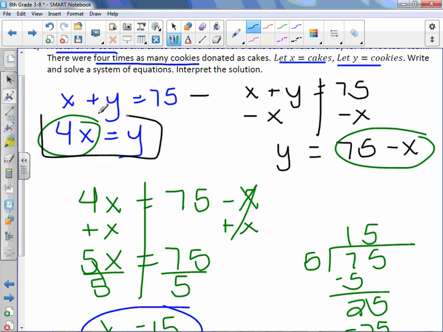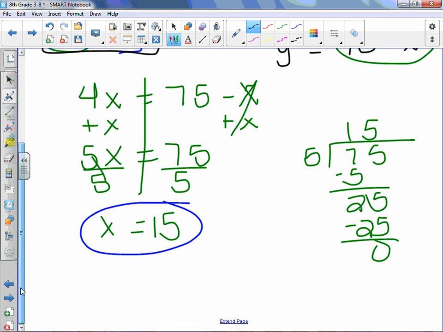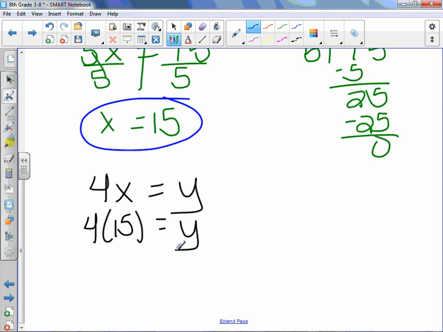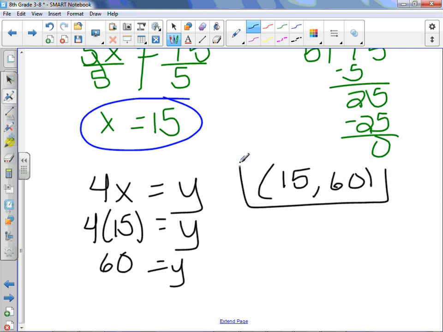It doesn't matter, but let's do 4x equals y. Let's plug it into that one. 4x equals y, plug in the 15. 4 times 15 equals y, or 60 equals y. So your ordered pair is 15, 60.